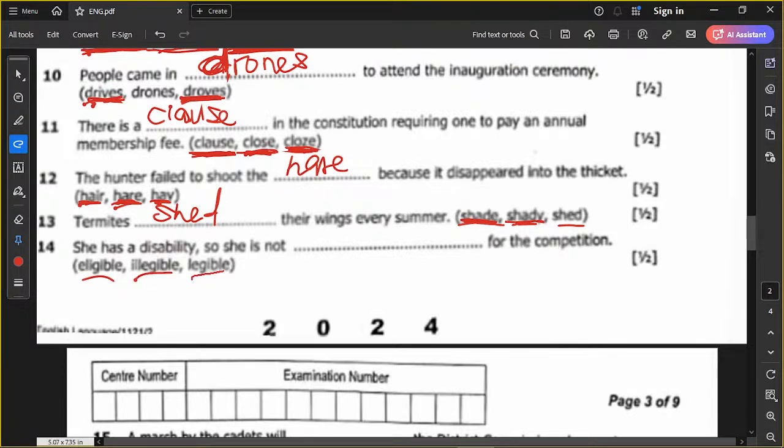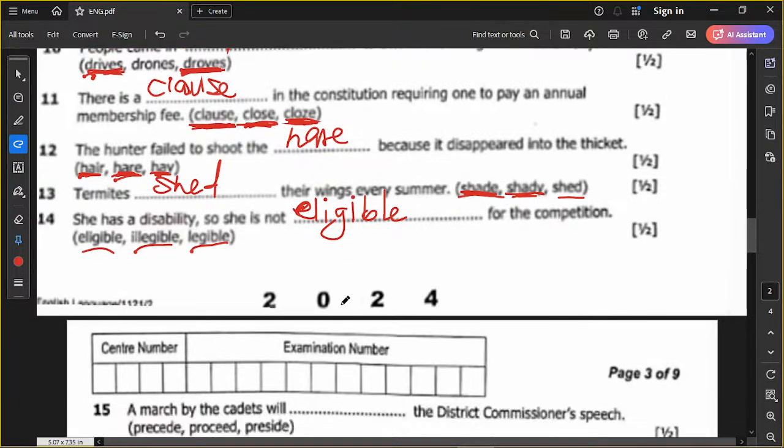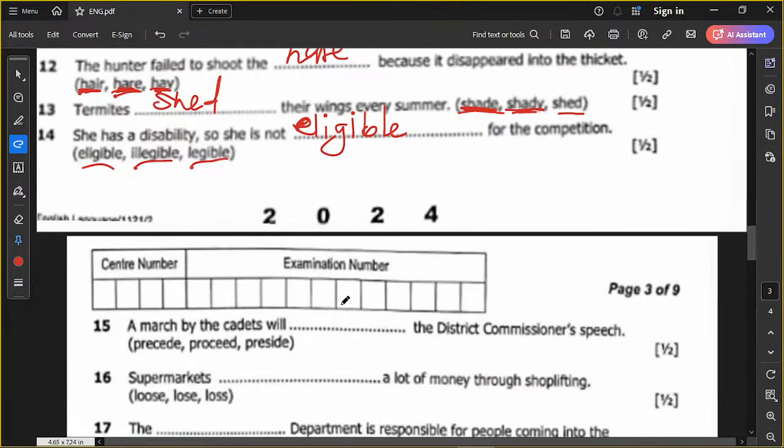So the correct spelling is eligible. It starts with E-L-I-G-I-B-L-E. That is eligible. Okay, we go to question 15.